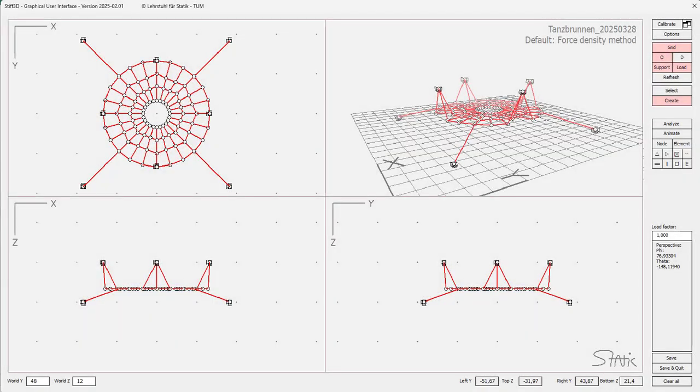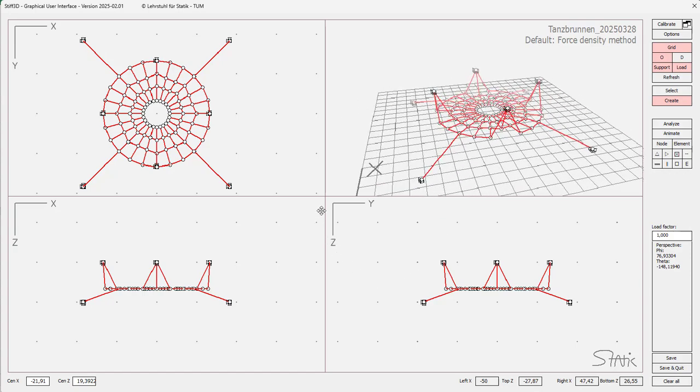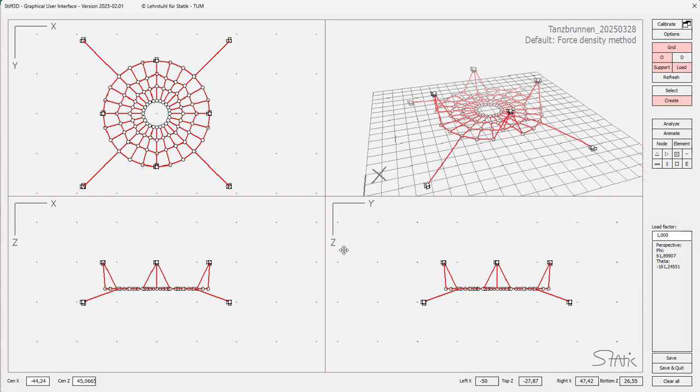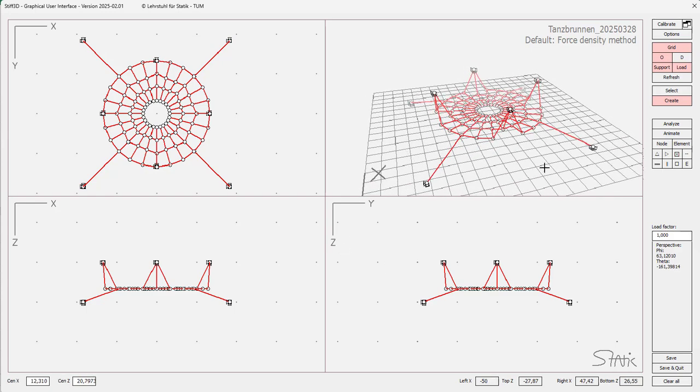Let's finish this chapter by applying the force density method to a simplified model of a very famous structure, the Tanzbrunnen by Frei Otto in Cologne. If we take a look at the perspective of the initial, undeformed geometry, you see that we have 4 low points, 4 supports, and 4 high points, which we also model as supports instead of having posts below.